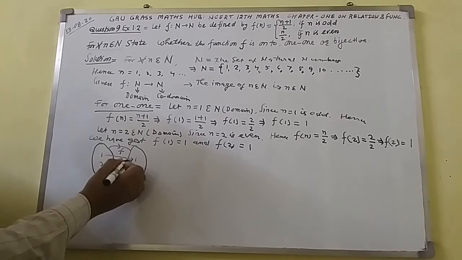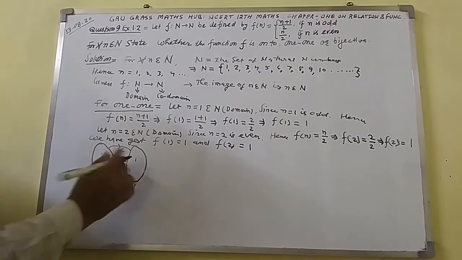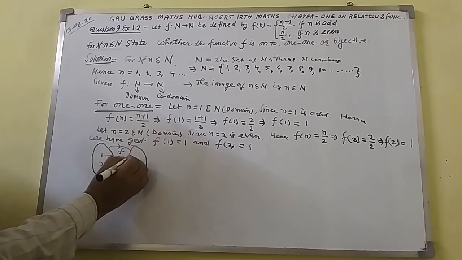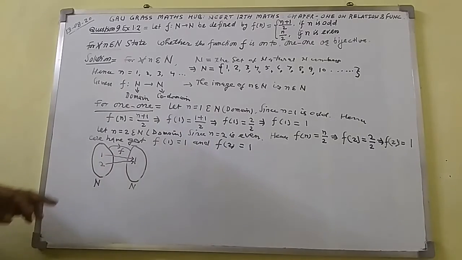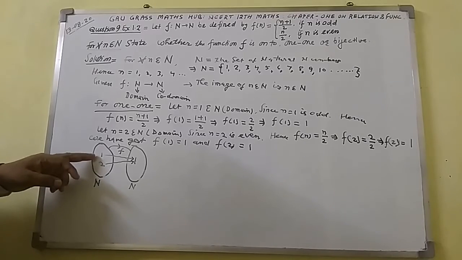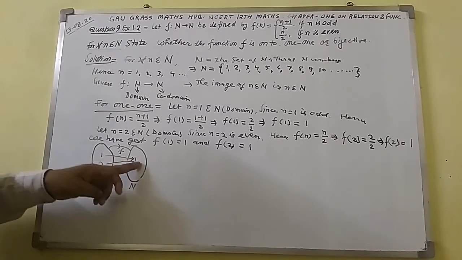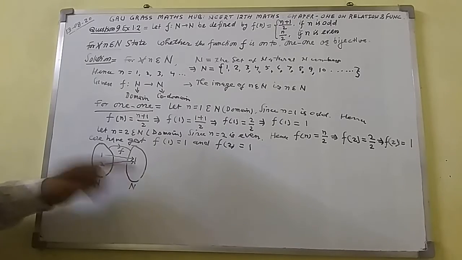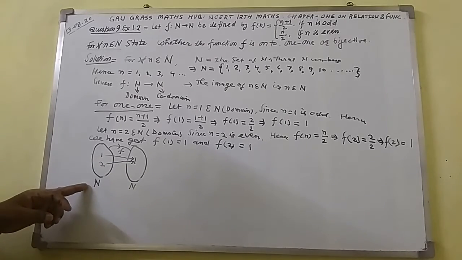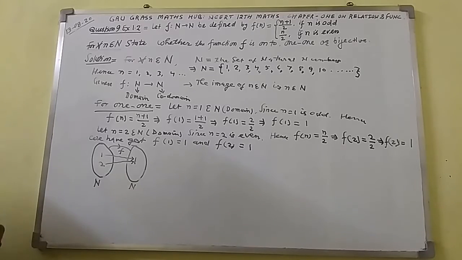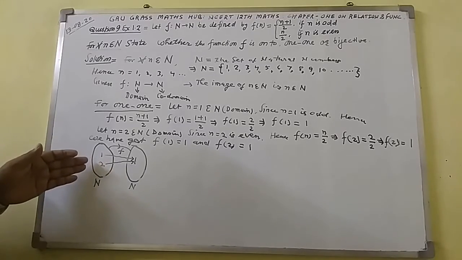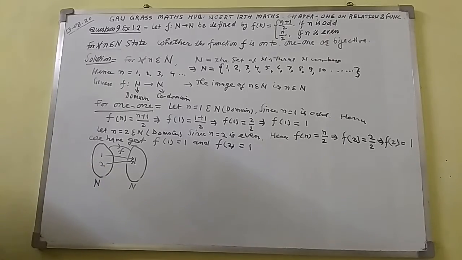So here you can see image of 1 is 1 here. Image of 2 is 1 here. So this is domain. This is codomain.